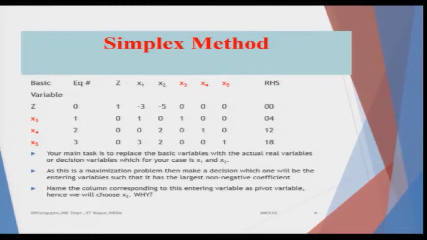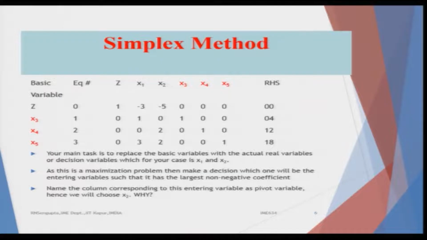If you remember, I had mentioned that you bring all the variables onto the left hand side of the equality sign. Initially, 3x1 plus 5x2 was the objective function which we were trying to maximize. Now, when you bring the slacks in, you will have 3x1 plus 5x2 plus 0 into x3, because there is no component of the slack which comes into the objective function.